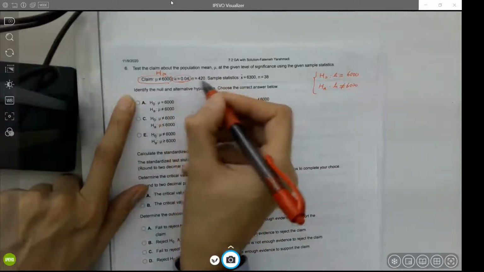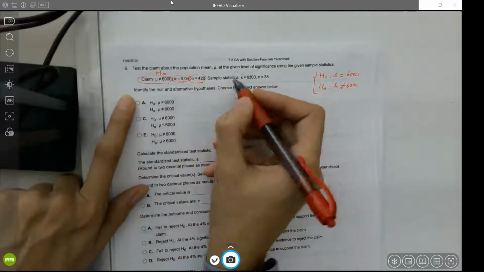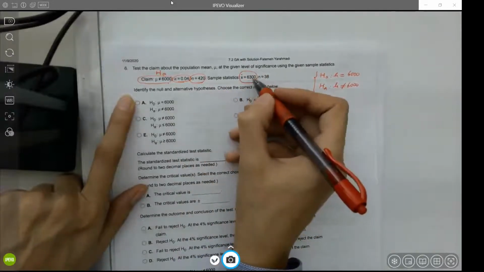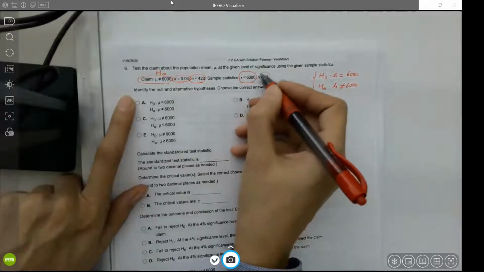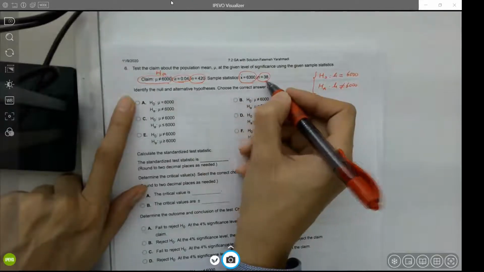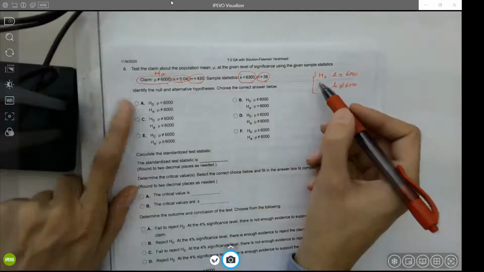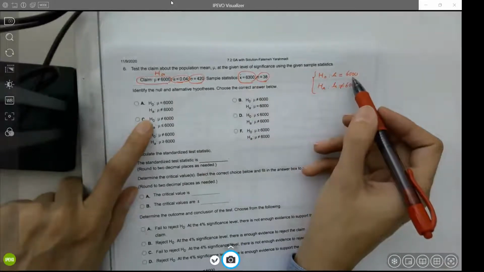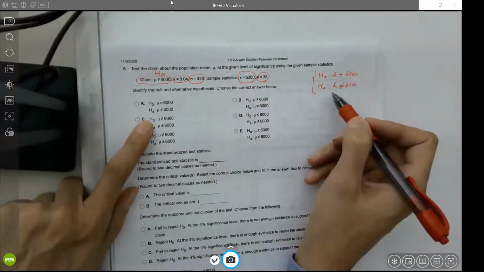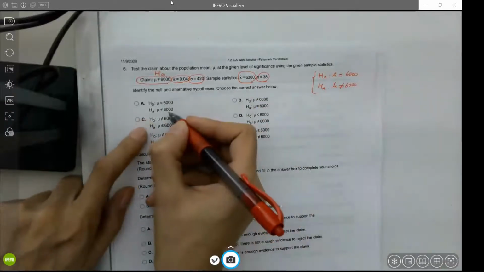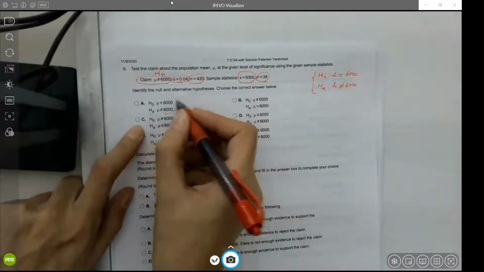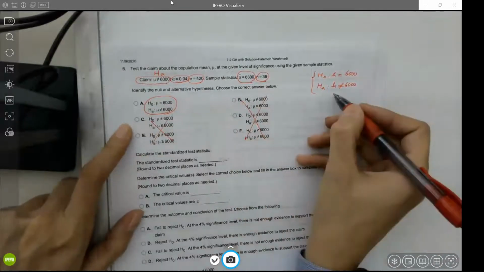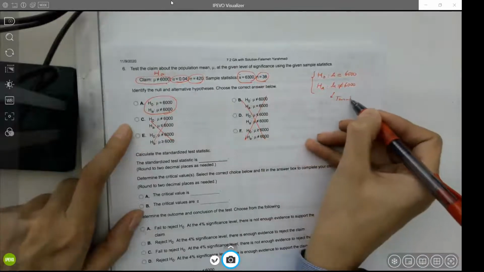Alpha is 4%, sigma is 420, and the sample statistic x bar is 6,300. N is 38. Well, we know that our null hypothesis says mu is equal to 6,000. Alternative says, hey, it's not. So we already know that the correct answer is A. It means that we have a two-tailed test.